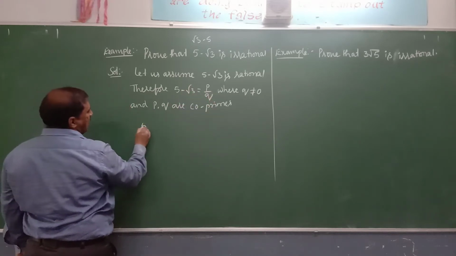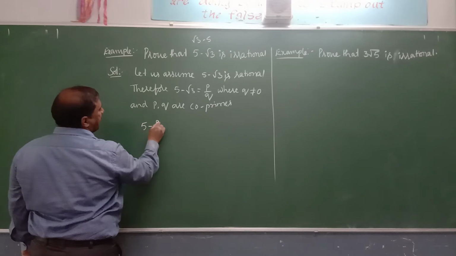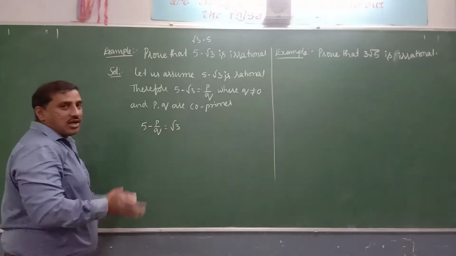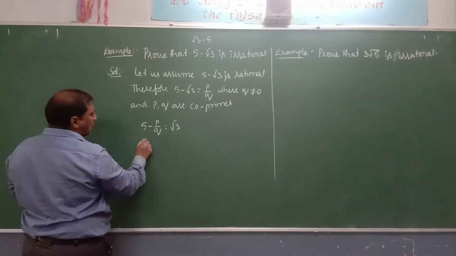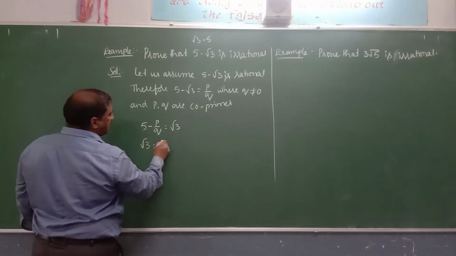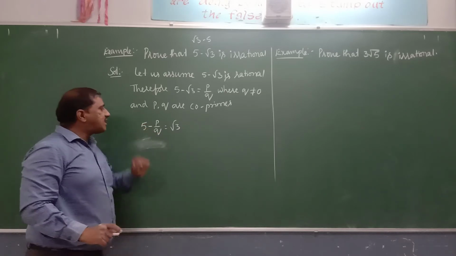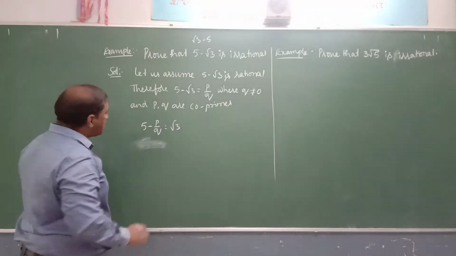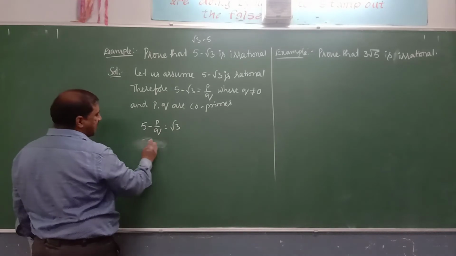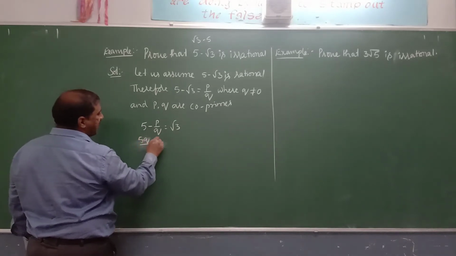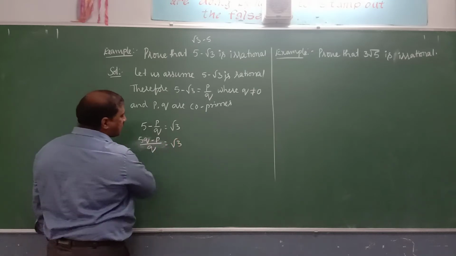That is, 5 minus p by q is equal to root 3. Taking the LCM, we get q in the denominator. So (5q minus p) by q is equal to root 3.